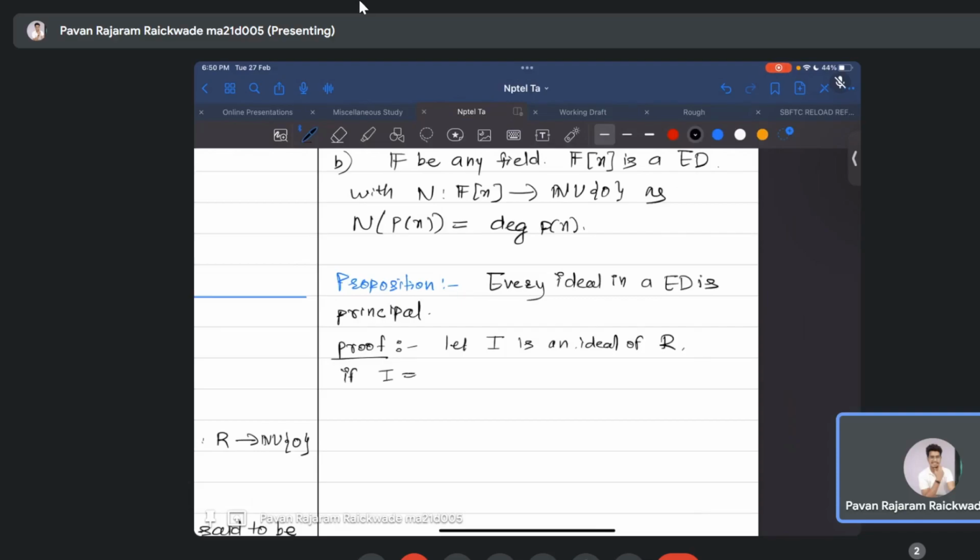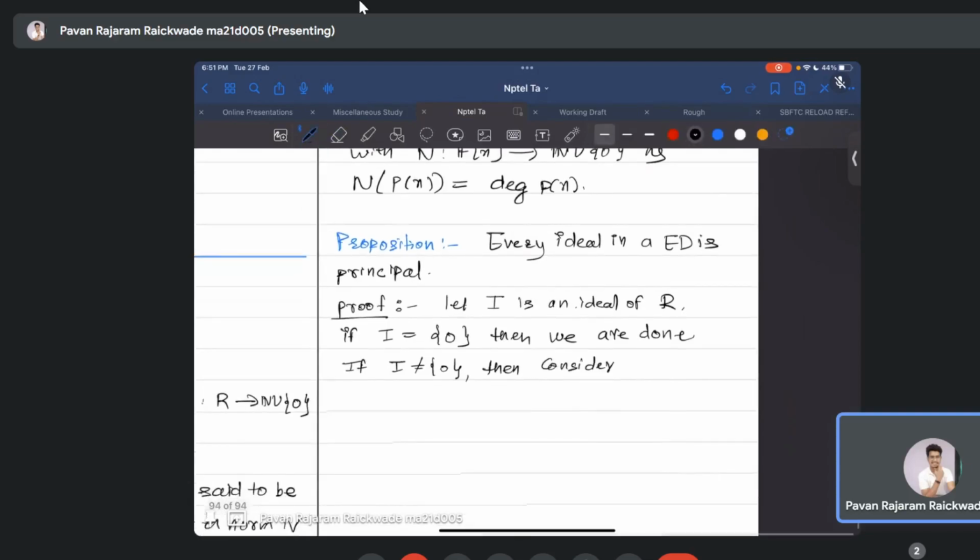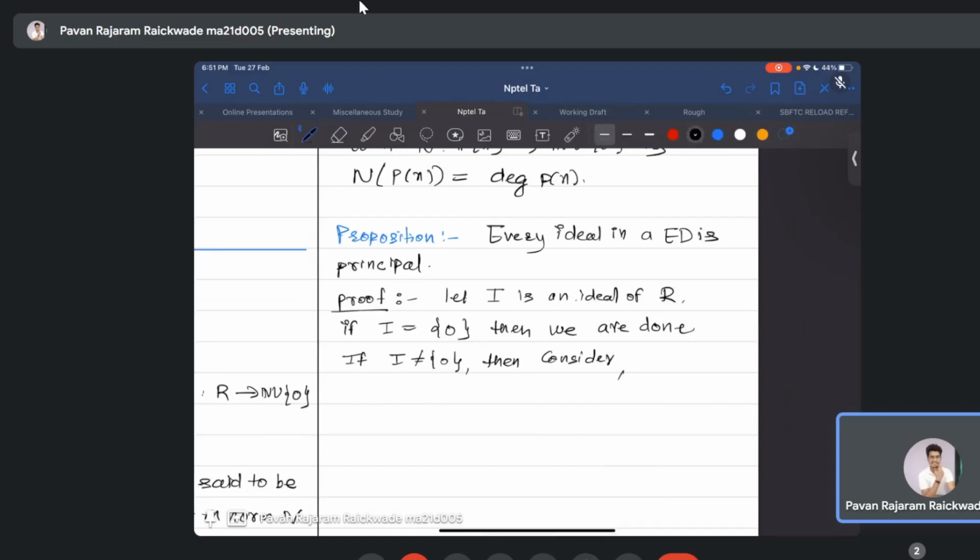If I is 0, then we are done. If I is non-zero, then consider the set of all n of A, where A belongs to I minus 0.